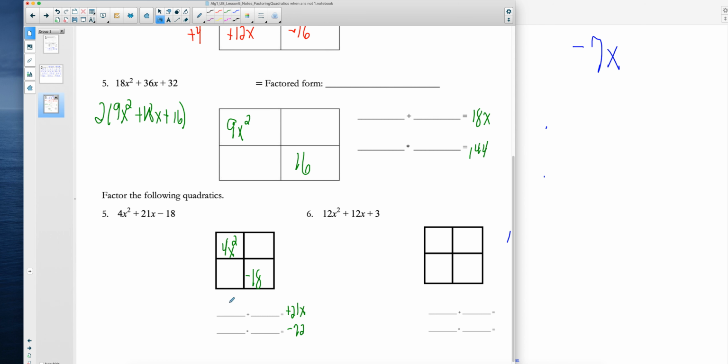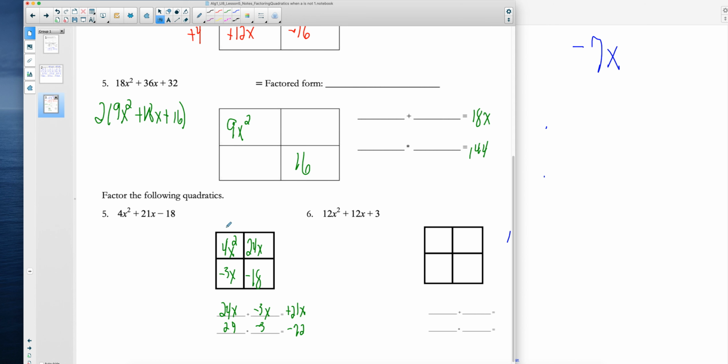The right combination would have been 24 and negative 3, and you can see that 24x plus negative 3x is positive 21. So let's drop 24x in right here, and negative 3x here.